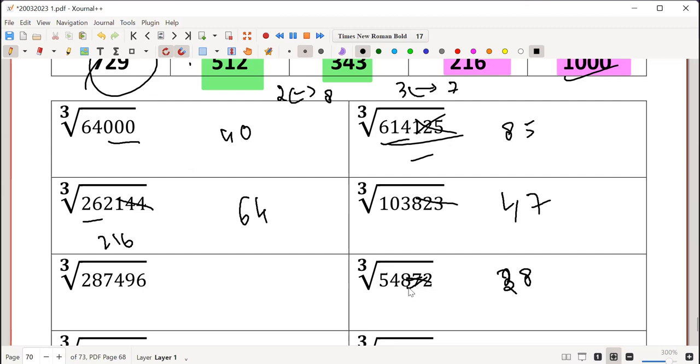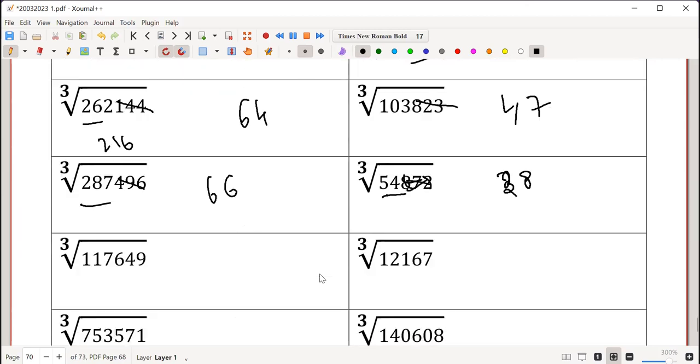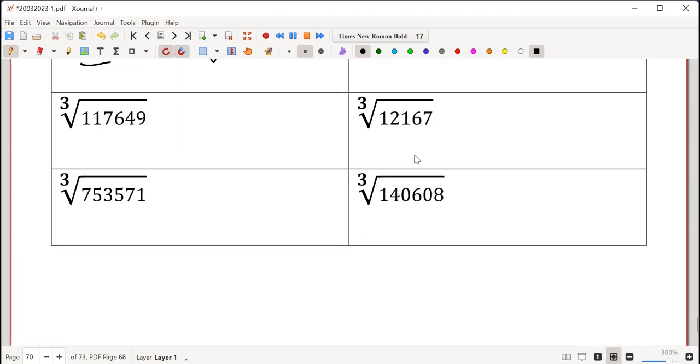While working like this, they invariably assume 548 rather than 6. So 6. 6 cube is 260. 7 cube is 340. Okay. Check, apply, and get the result. 7, 3, 3.